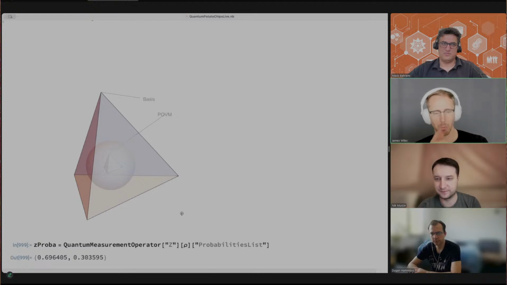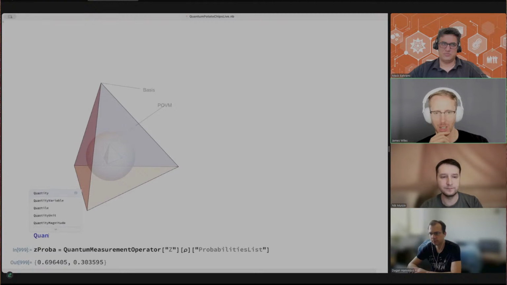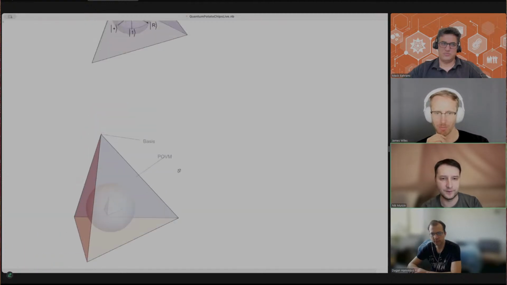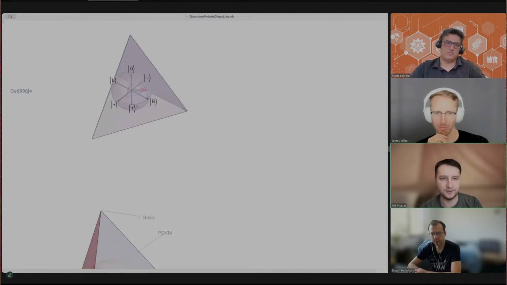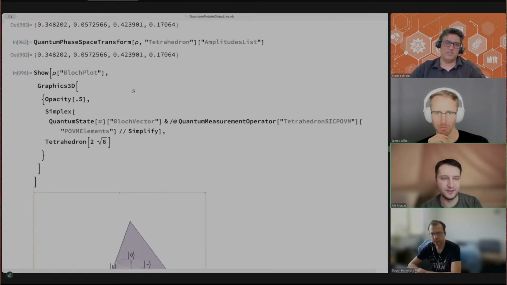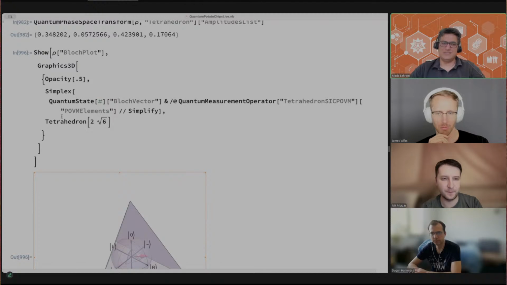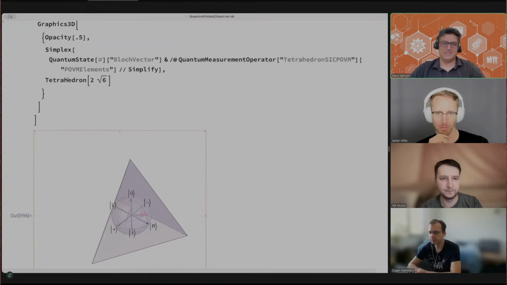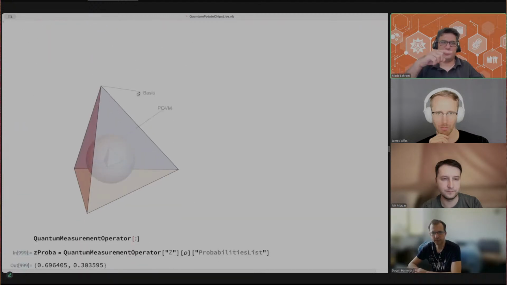So can we put that into the end picture where it's actually part of the potato chip? Like this one, or this? Well, we can do this one. In the draft that we are preparing, Nick, we have one of them, the potato chip, and then the cubism SIC POVM points, that green tetrahedron.